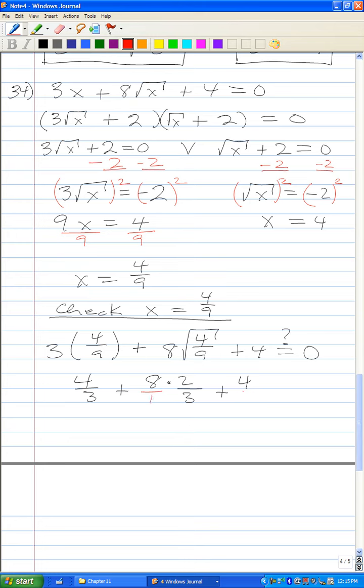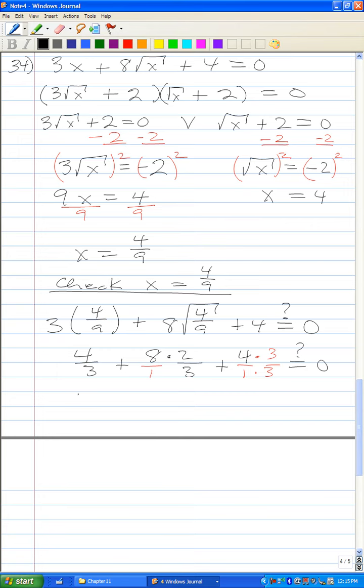Well, let's write those over 1, multiply by 3 to get a common denominator. And so is 4/3 plus 16/3 plus 12/3 equal to 0? No, certainly not. That's going to be 32 over 3, and that's not 0.